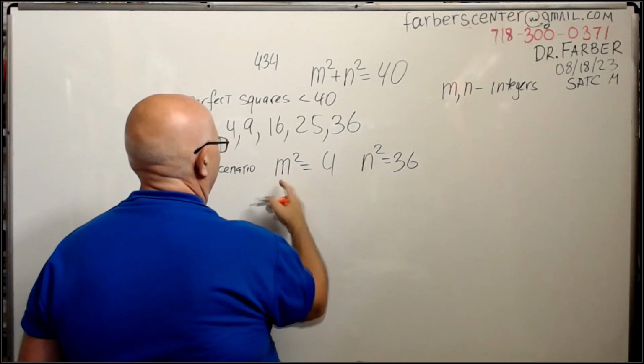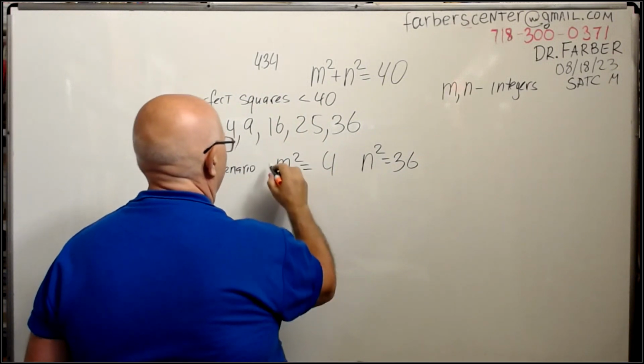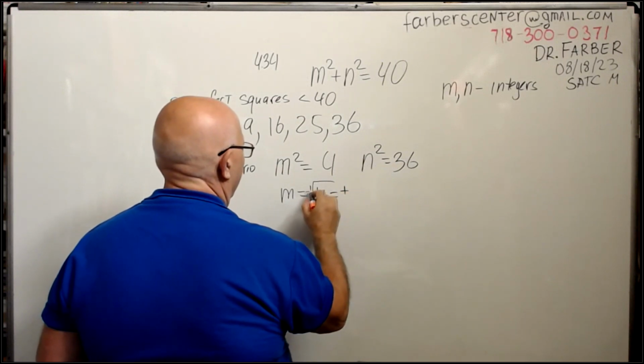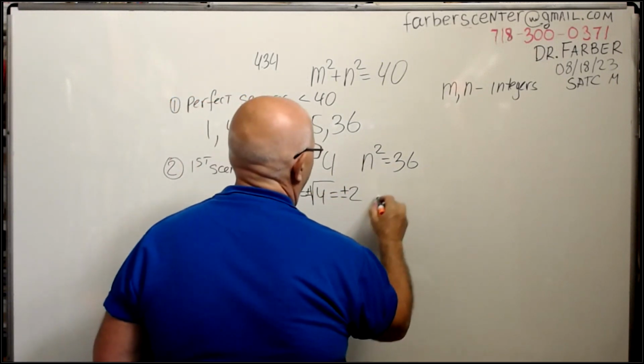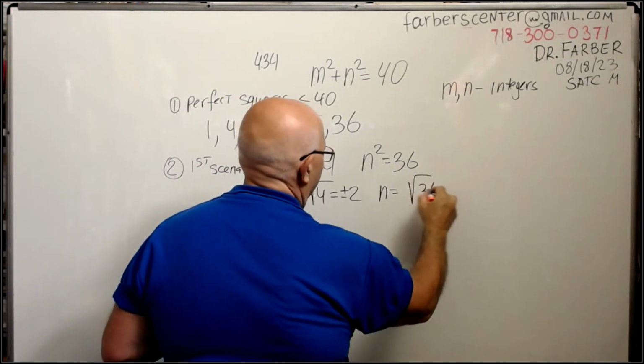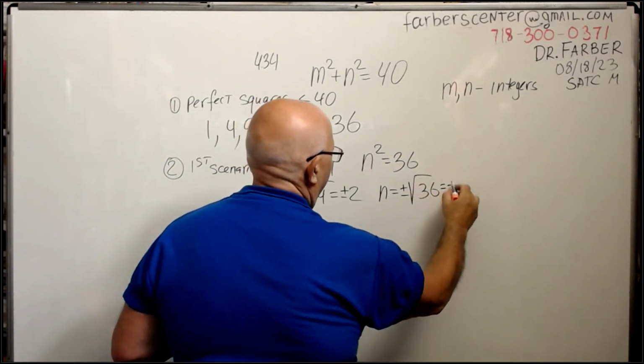From here you get m equals square root of 4, which is plus or minus 2, and n equals square root of 36, which is plus or minus 6.